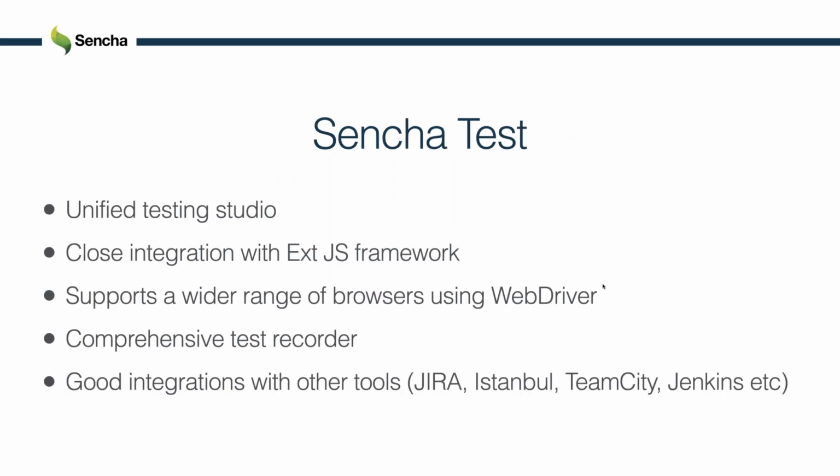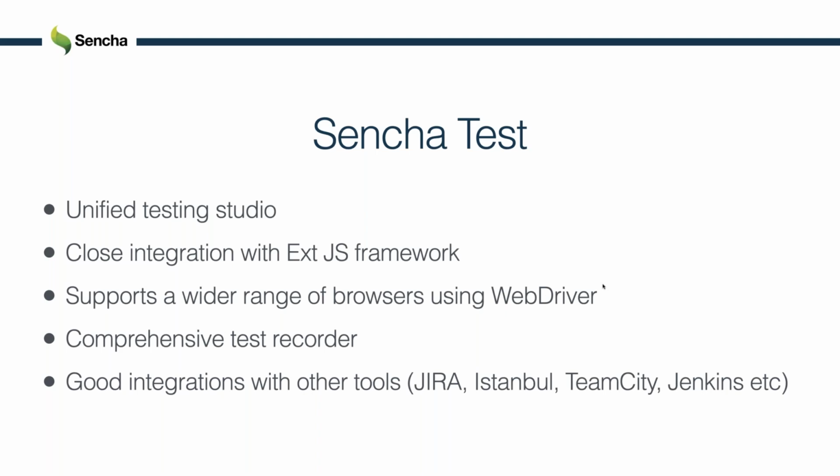So talking about other platforms, Sencha has its own testing platform called Sencha Test. There's lots of good details about this tool on the Sencha website. There's a couple listed in the slides at the end, so we can share that. So how does this compare with Playwright? Sencha Test is a bit more of a unified testing studio. There's a full GUI interface for browsing your tests, creating new ones, and recording new ones.